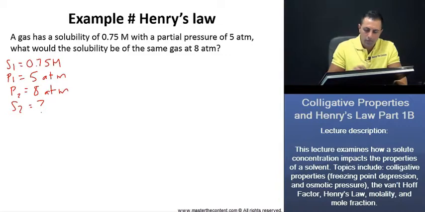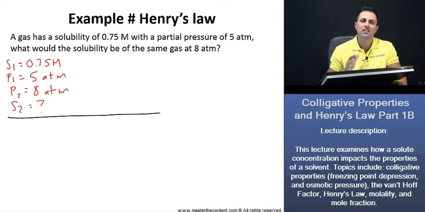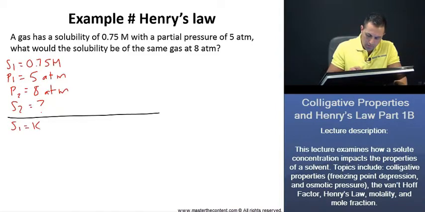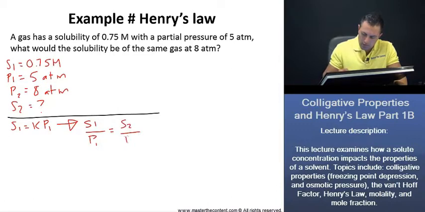This problem is fairly simple. It just requires a little bit of equation manipulation. Beginning with the equation we just introduced to find the solubility, because our gas is going to be the same gas at 8 atmospheres, we can use the following equation, where we take our solubility over the pressure, which is equal to the solubility at our second pressure over the second pressure.